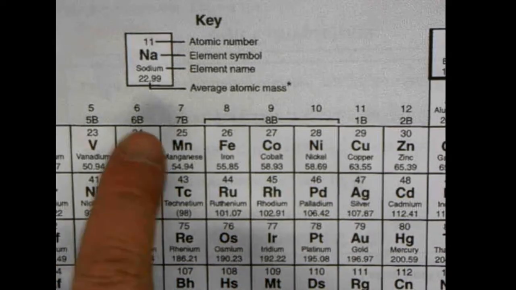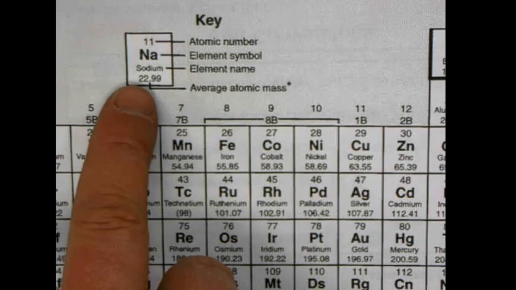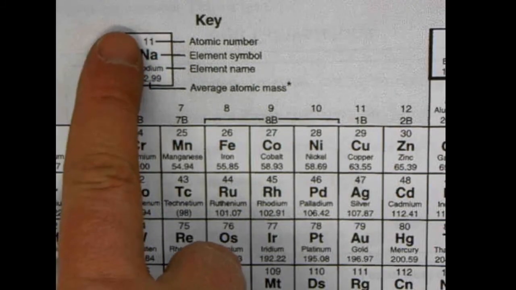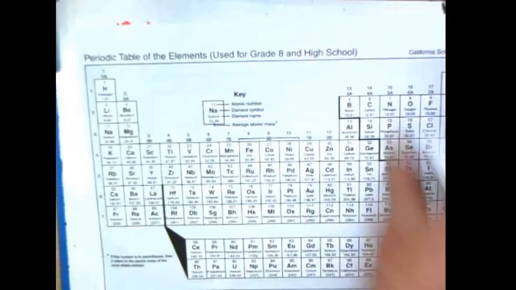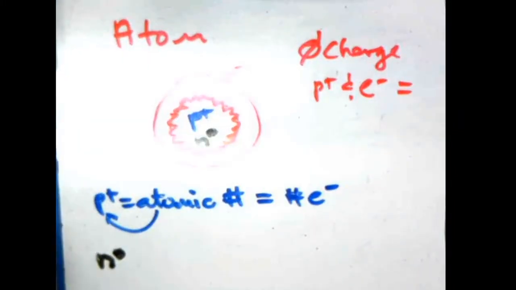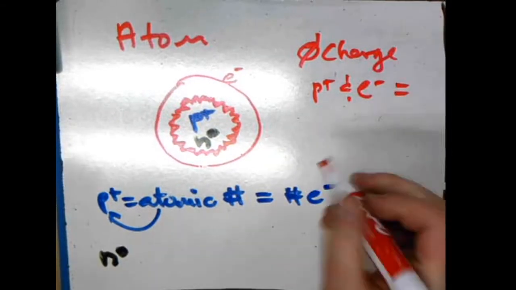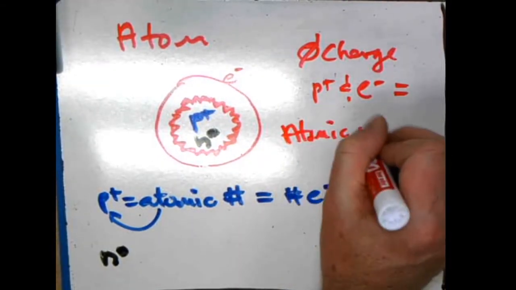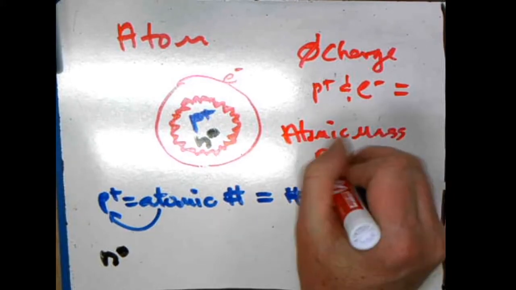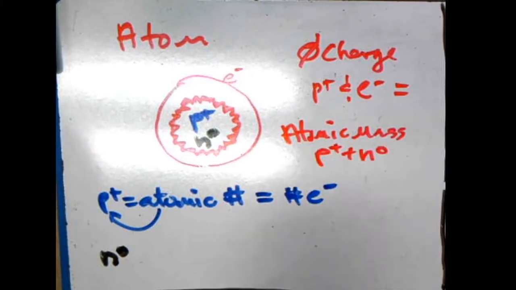But to determine neutrons, remember, you're going to subtract the atomic number from the mass. Remember that your atomic mass is protons plus neutrons.